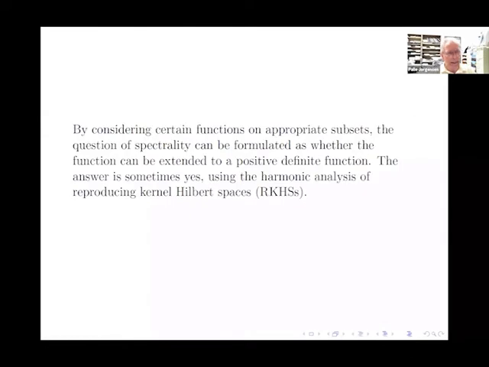Okay, and the next one here is a super quick summary of some of the stuff in my paper with Feng Chang. And what it is actually referring to is the good old conjecture of Fuglede. The conjecture of Fuglede was as follows: take R^n and take a bounded open domain, and then ask for an orthogonal system of Fourier exponentials. So an orthogonal system of e^{iλ·x} where λ runs over some subset of R^n.